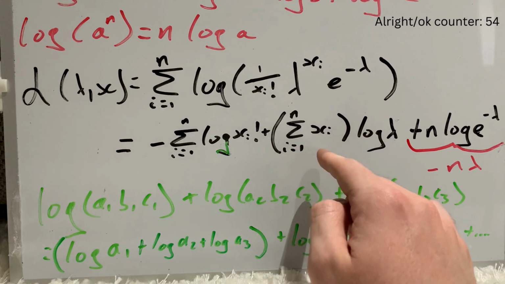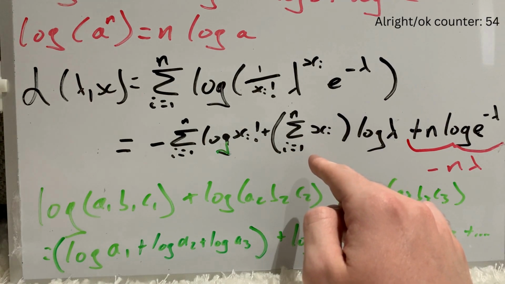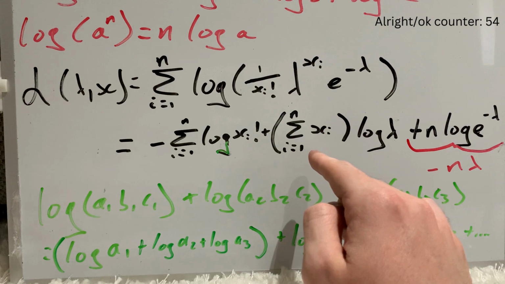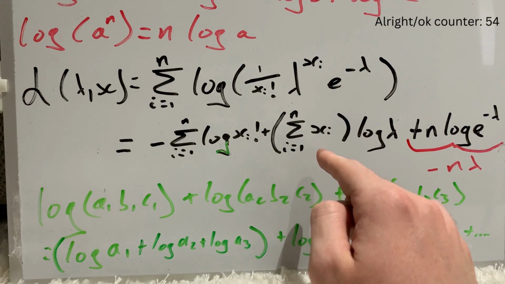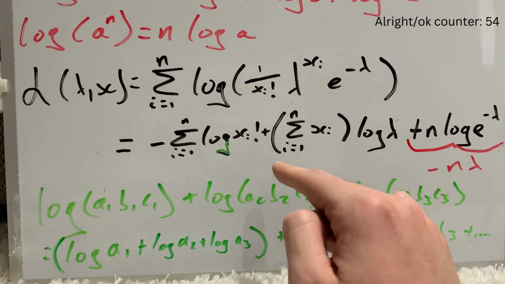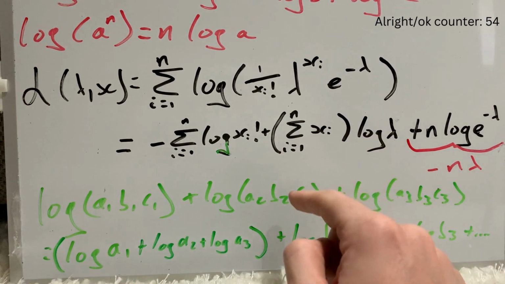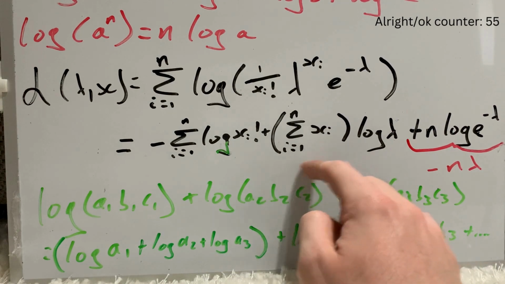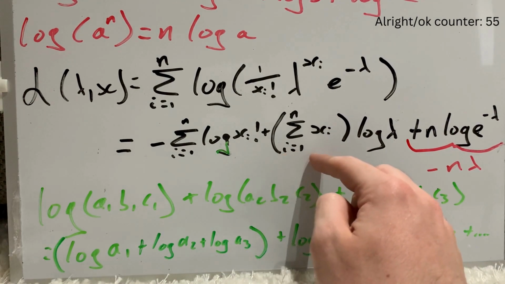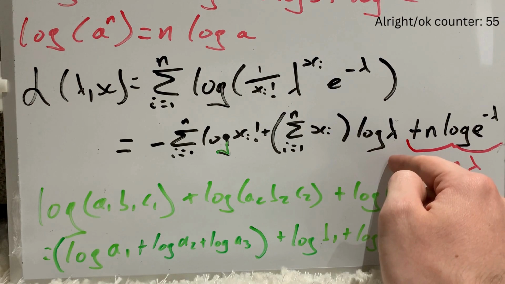Like if you were adding up log lambda squared plus log lambda cubed plus log lambda to the 4, you take the exponent to the front, and you're going to get 2 log lambda plus 3 log lambda plus 4 log lambda and so on. So that's why the coefficient is the sum of the xi's times log lambda.